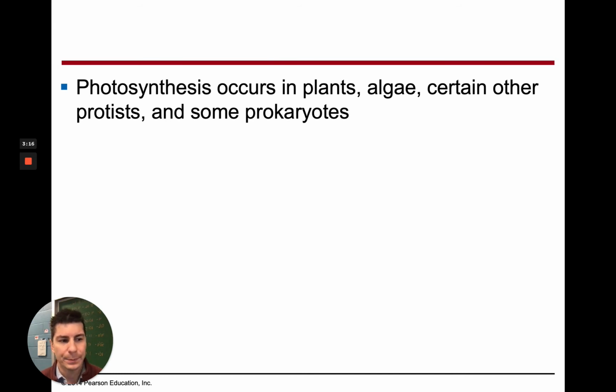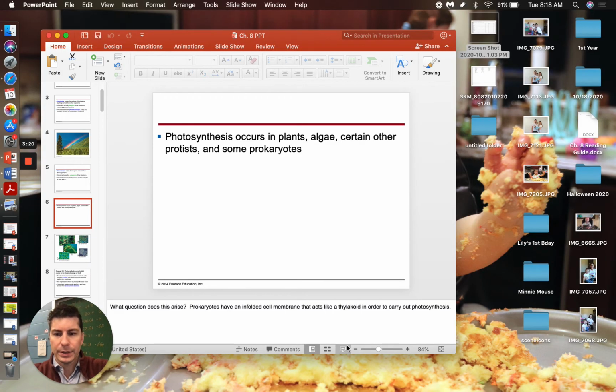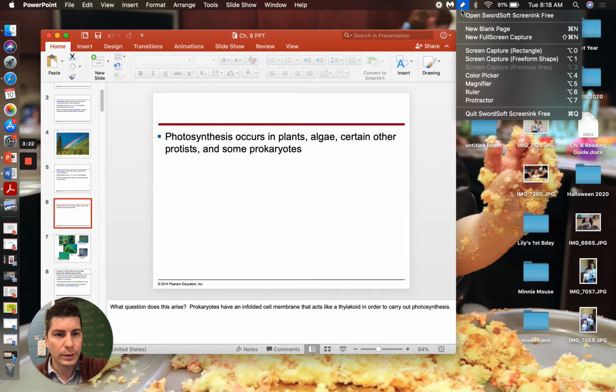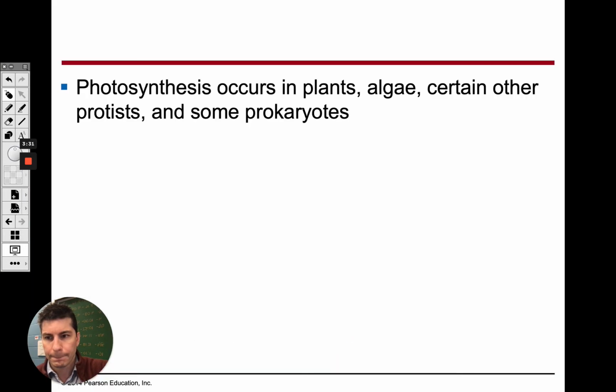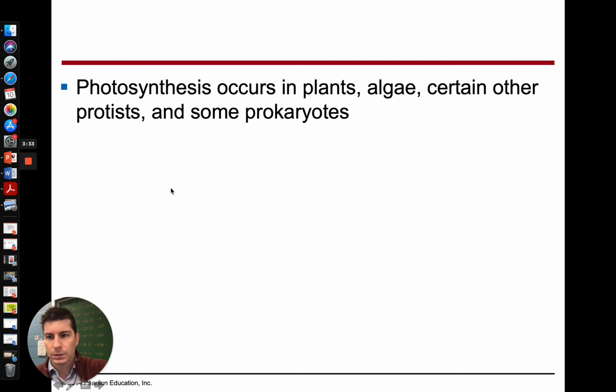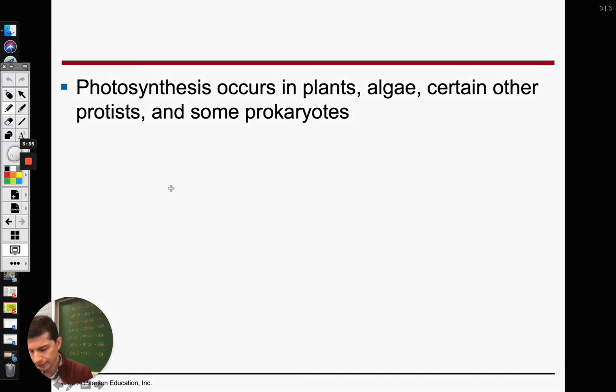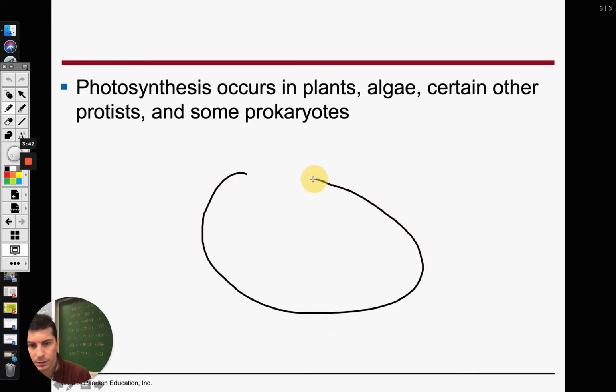Well, what will happen is, if you guys remember, let me bring up my pen here real quick. Prokaryotes are going to have an outer membrane, which is our cell wall.